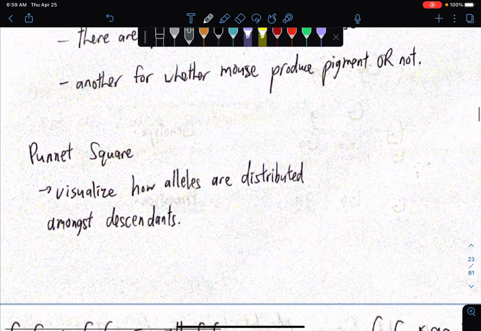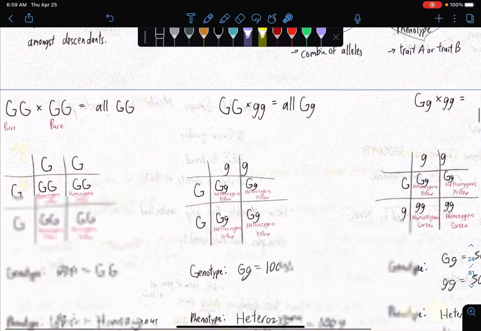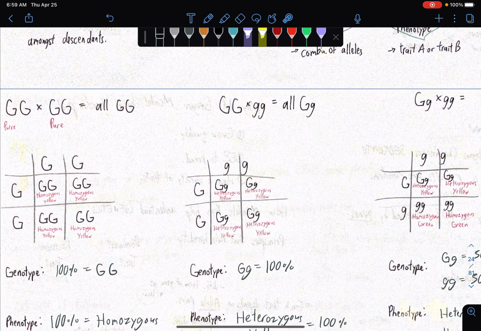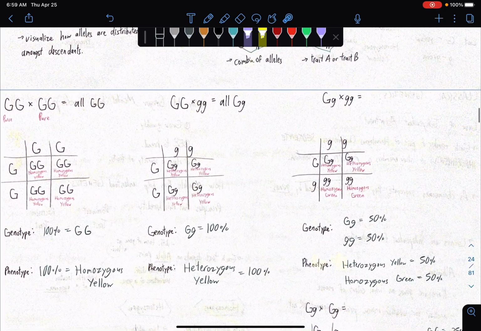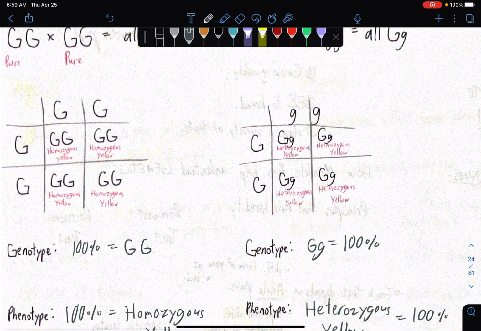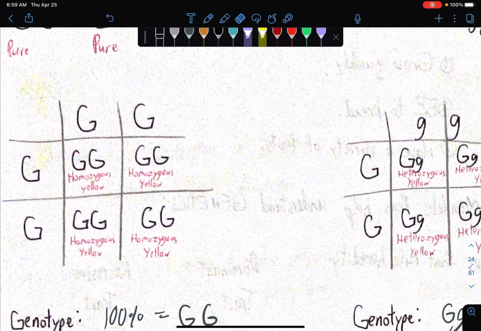So what is the Punnett square in the first place? It's intended to visualize how alleles are distributed among descendants, coming from the mother and the father. Usually in a Punnett square, we use these symbols.